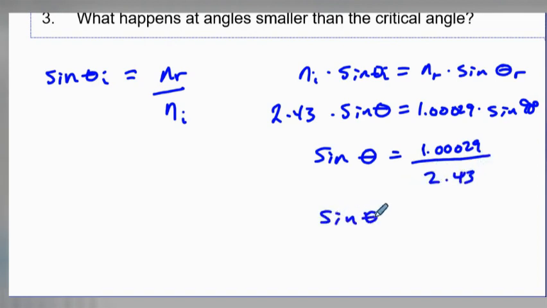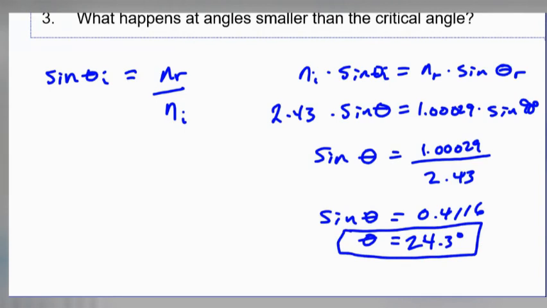That one I'll use a calculator on, and I'm seeing an answer of 0.4116. And therefore, my critical angle for diamond going into air is 24.3 degrees.